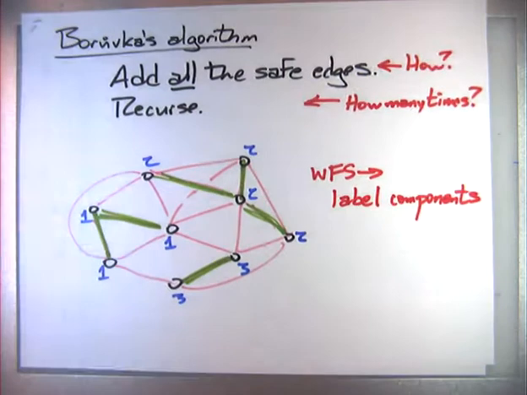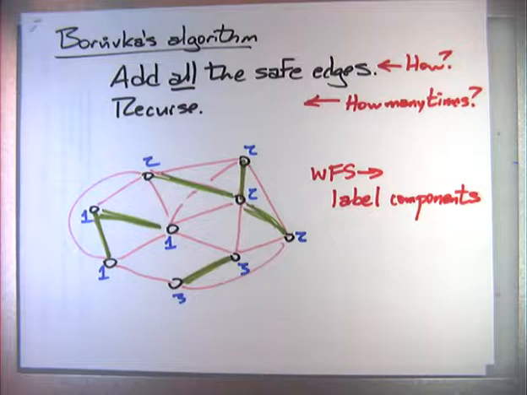And then for every edge in the graph, I can now look up in constant time whether the two endpoints are in the same component. And if they're not, then I can say, hey, component on the left, am I better than the edge you've seen before?